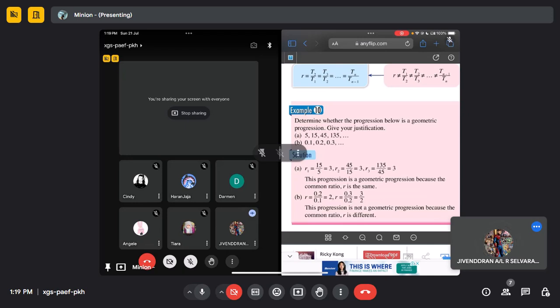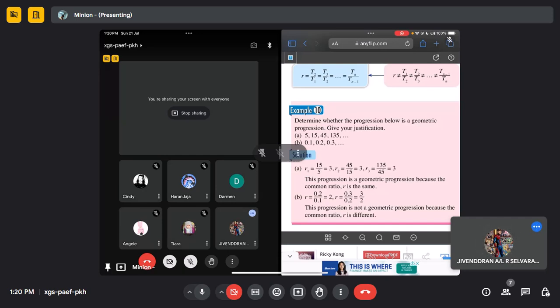Then you take the third term divided by the second term, which is 45 divided by 15, also equals 3. Then term 4 divided by term 3 is 135 divided by 45 equals 3. So since all the common ratios are the same, we can conclude that the progression is a geometric progression.